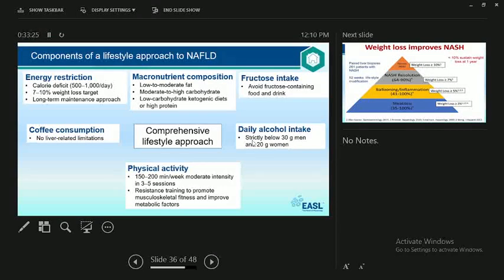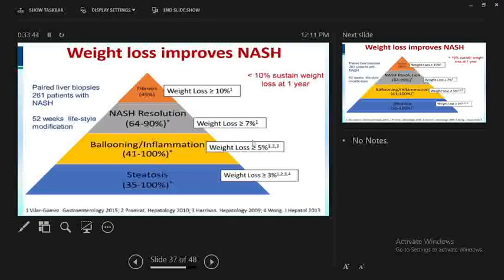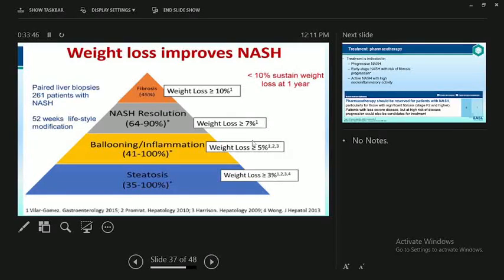And coffee consumption, no limitation. Physical activity 150 minutes, moderate to intense, 3 to 5 days. Resistance training provides musculoskeletal fitness and improves the metabolic factors, which is something new, because aerobic exercise alone is not going to be that effective, especially in tackling insulin resistance. You need some sort of good muscle bulk.